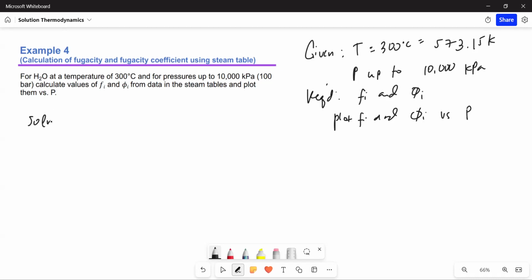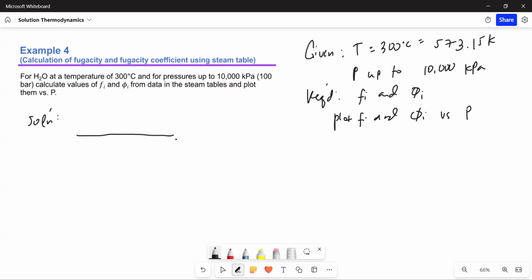Okay, for the solution, we need to use the equations that we have established for fugacity, but it will be different for the gaseous part and the subcooled or liquid part. Let me draw a straight line.